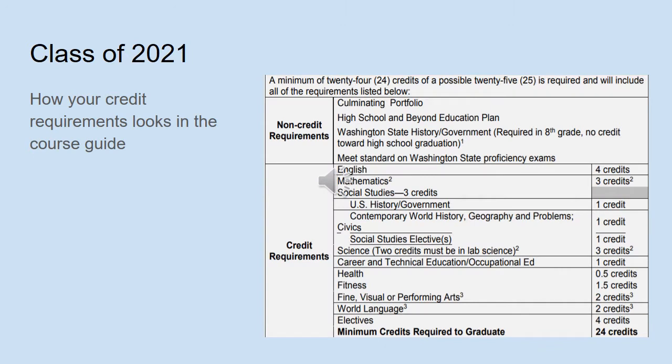This example here is just another way to look at the same thing. This chart shows how your requirements break down, and this is what the course guide shows you.